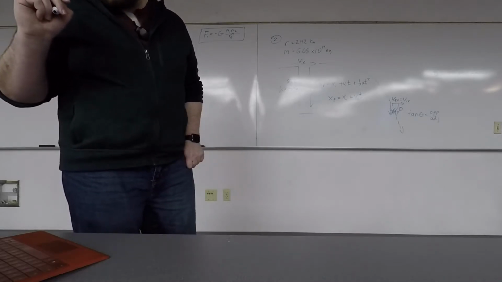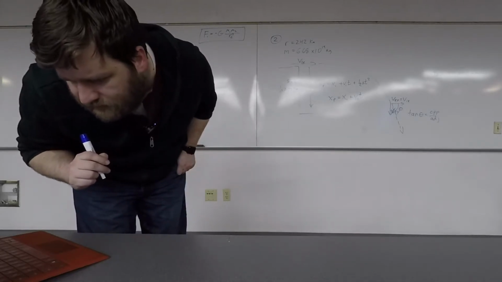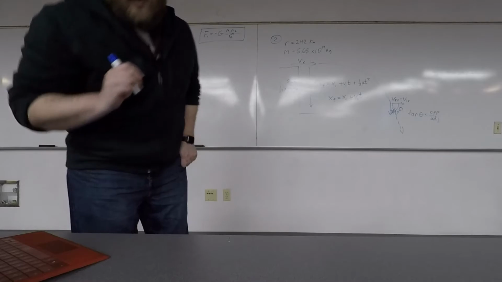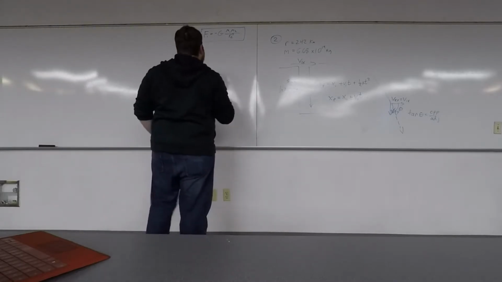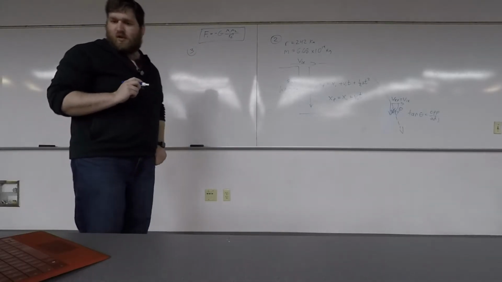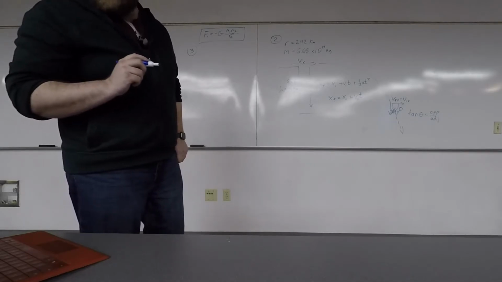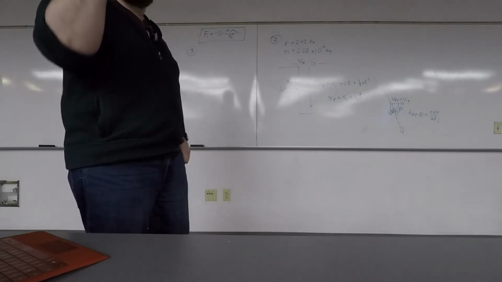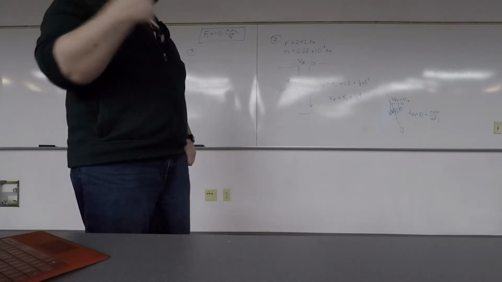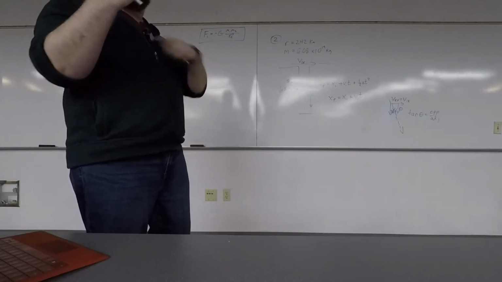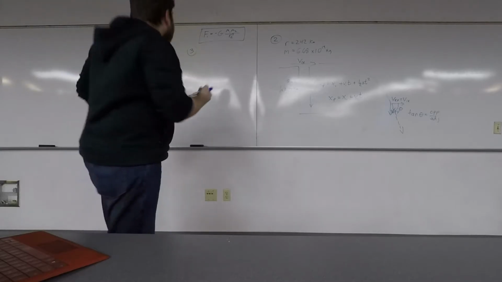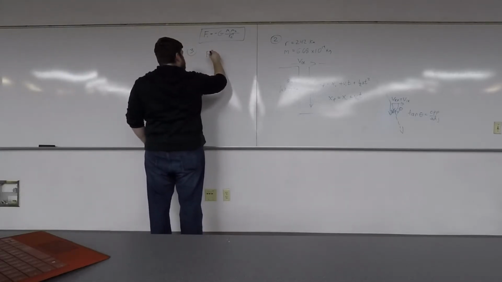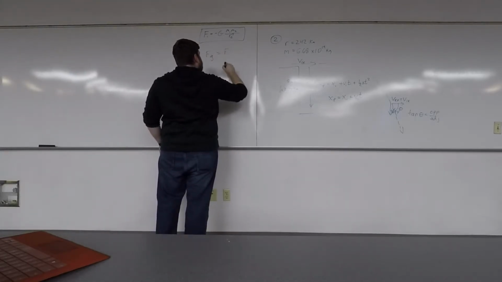Did I do that right? No, I did the forces. So I said the forces must be equal to each other because they are in a circle. The centripetal force must equal the gravitational force because they follow the exact same path.